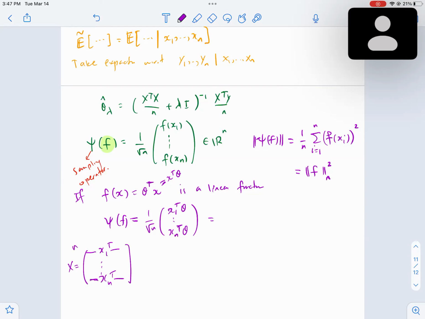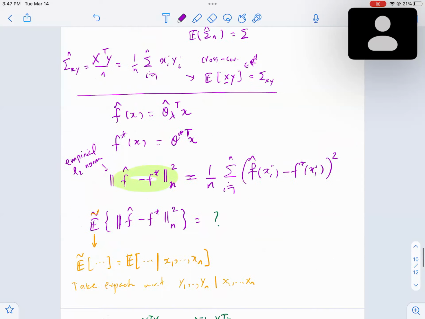Writing it compactly in terms of the design matrix, as you would see if you go back to your notes, it would be 1 over root n times x times theta. Does that make sense?